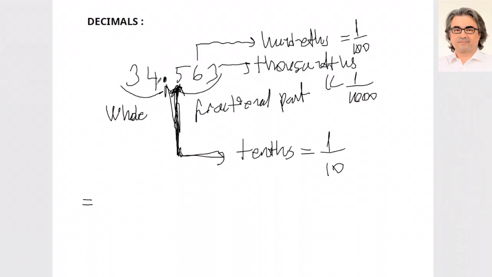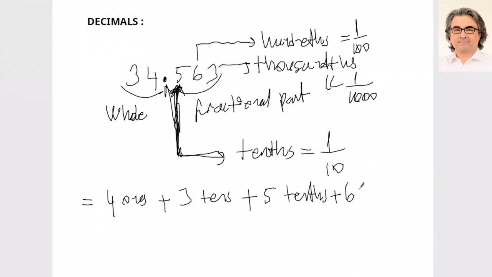I have 4 ones, and this is the whole part of this decimal number, plus 3 tenths, plus 5 hundredths, plus 6 thousandths, and plus 3 ten thousandths. That's all. I think you understand.